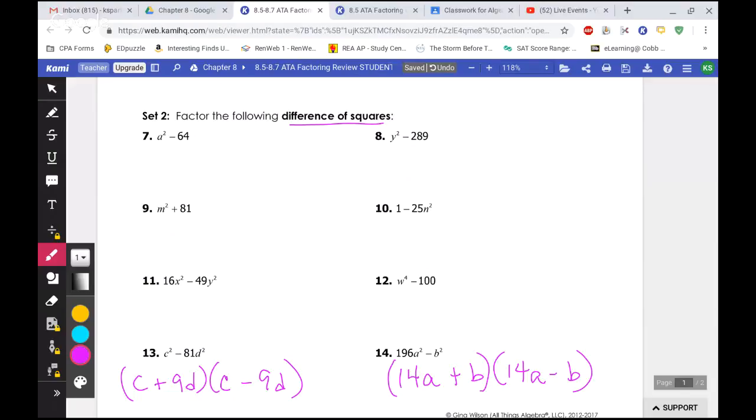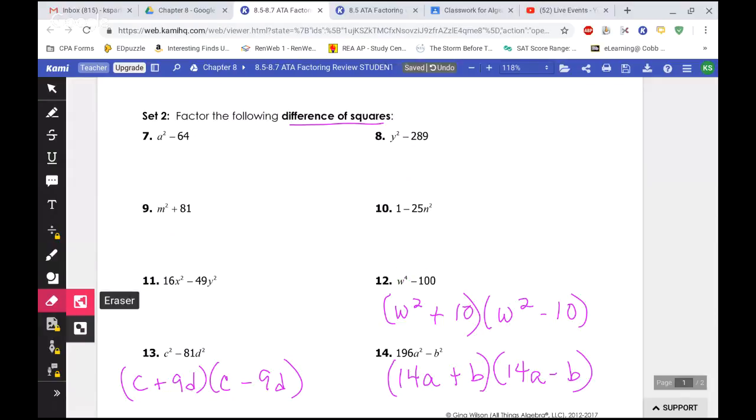And number 12, be real careful when you have a four like that. The square root of w to the fourth is w squared because you're basically cutting it in half. So be careful on something like that. Don't let the fact that that's a 4 throw you off, or a 6 or anything like that. You're just going to cut it in half.